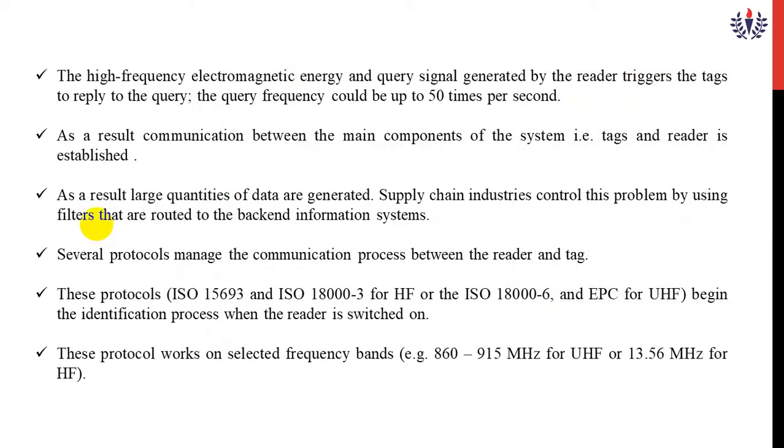Generally, in an RFID system, the electromagnetic energy signal generated by a reader triggers the tag to reply to the query. The query frequency is up to 50 times per second. Here they use the protocols ISO 15693 and ISO 18000 for high frequency, and for ultra high frequency, it comes around 18006 and EPC, which begins the identification process when the reader is switched on.